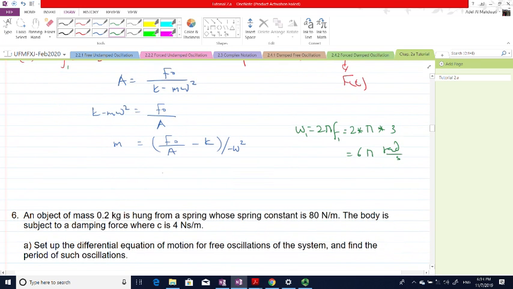So let's try to find this one. M1 will be equal to F naught, which is 100, over 30 multiplied by 10 to the power minus 3, minus 4000, all divided by minus 6 pi squared.